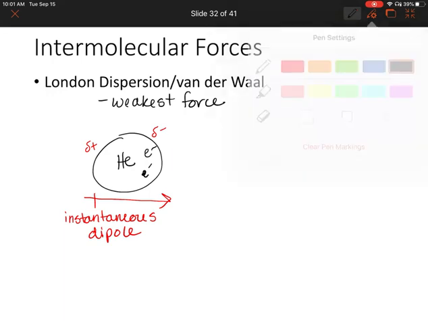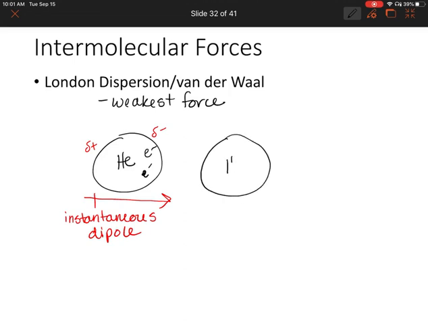Now, let's say there's another helium atom that's nearby. If one helium atom has an instantaneous dipole moment, that could cause another nearby atom to have its own instantaneous dipole moment. So the partial negative charge on our first helium atom could repel the electrons in the nearby helium atom.